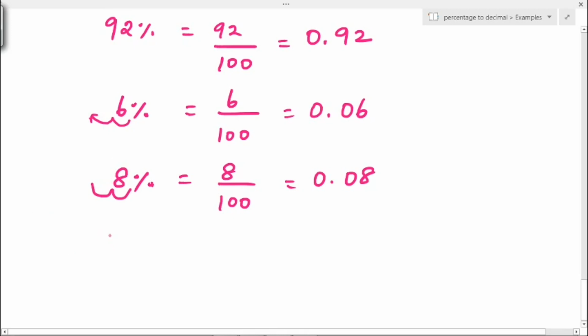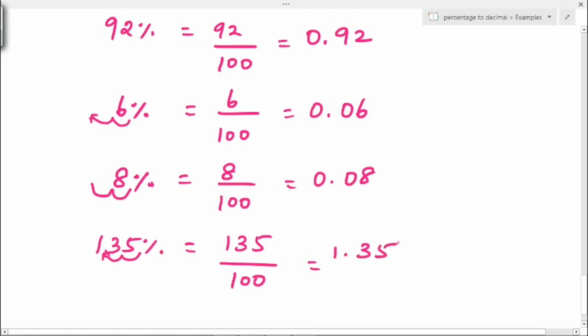Suppose we have a 3-digit value like 135 percent. This is nothing but 135 divided by 100. Again we have to start from here and move 2 decimal places to the left. So this is 1 and 2. That is 1.35.